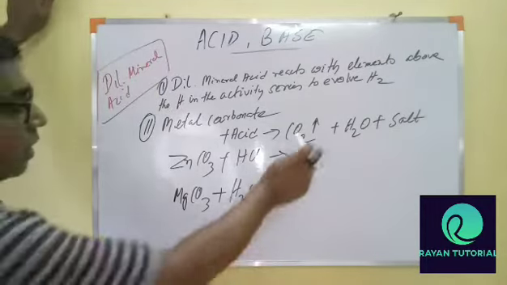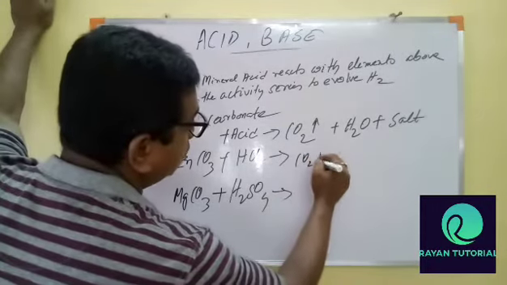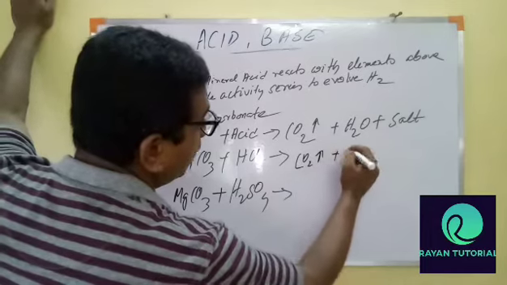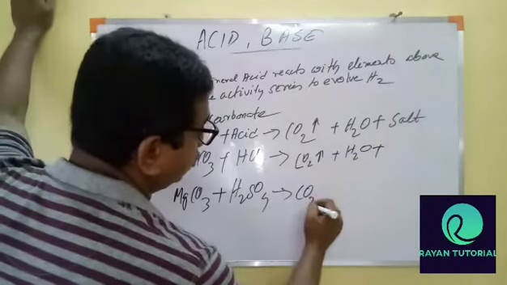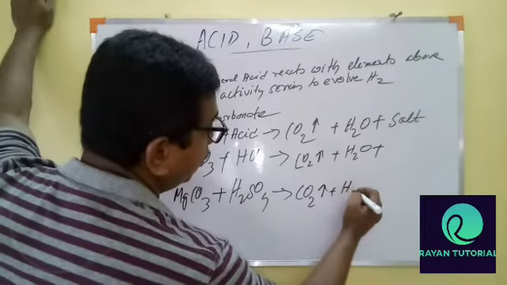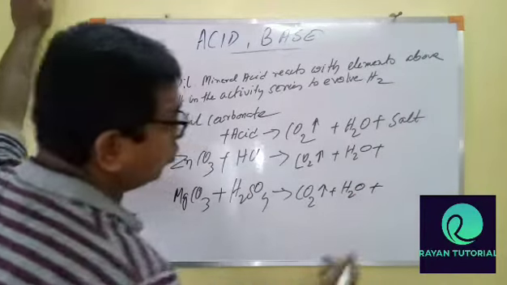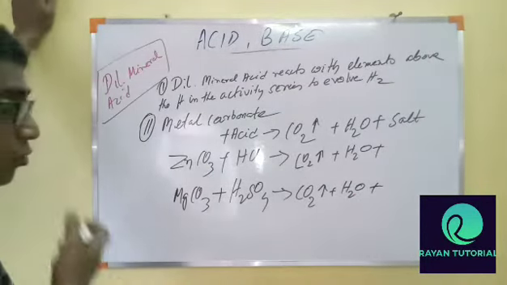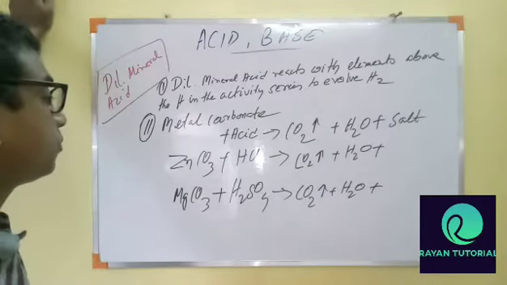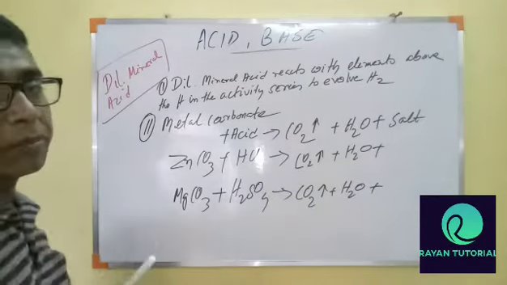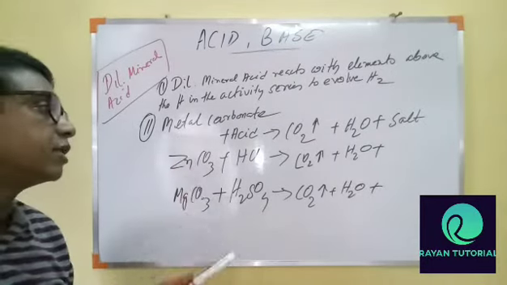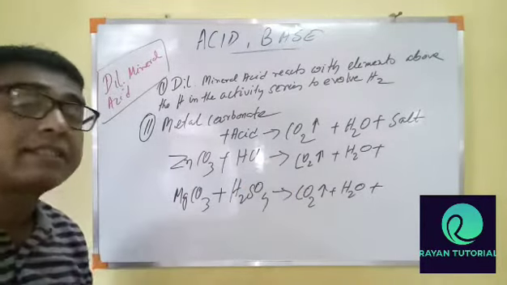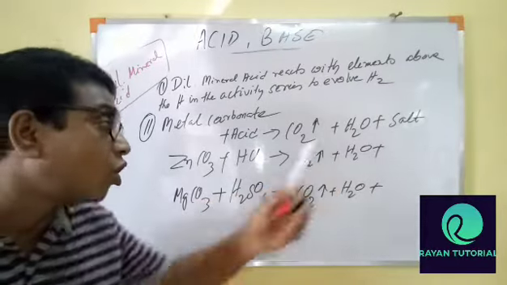Now what will it be? Carbon dioxide will evolve, plus water, plus salt. Here also carbon dioxide will evolve. This is how you have to remember the equations. Understood? We know from the properties of acids that acid reacts with metal carbonate to form carbon dioxide, water and salt.